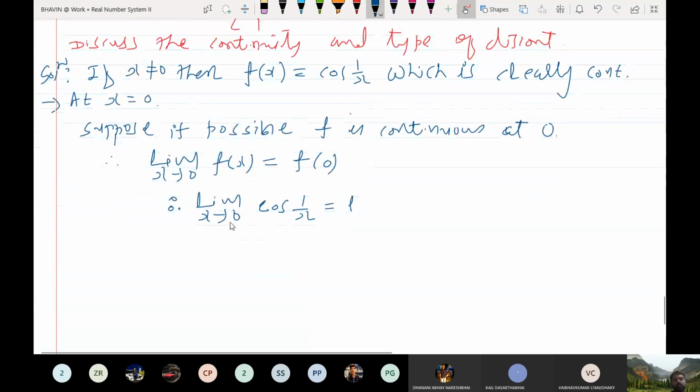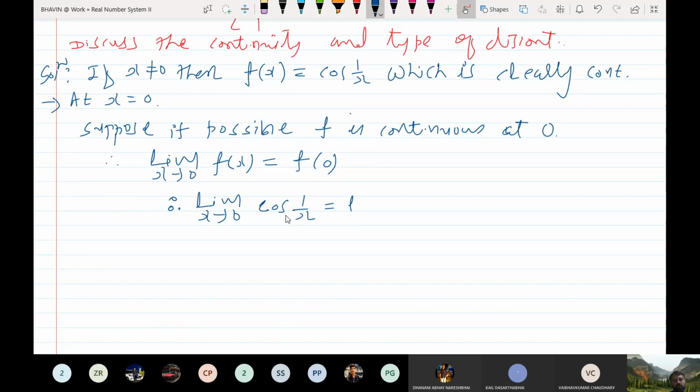So if you take any sequence xn which tends to 0, then f(xn) tends to 1 होना चाहिए.